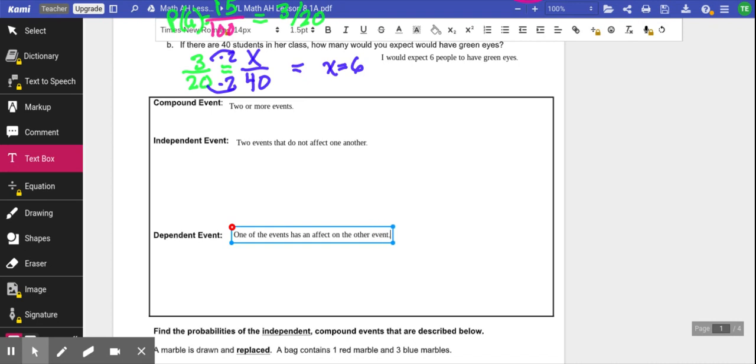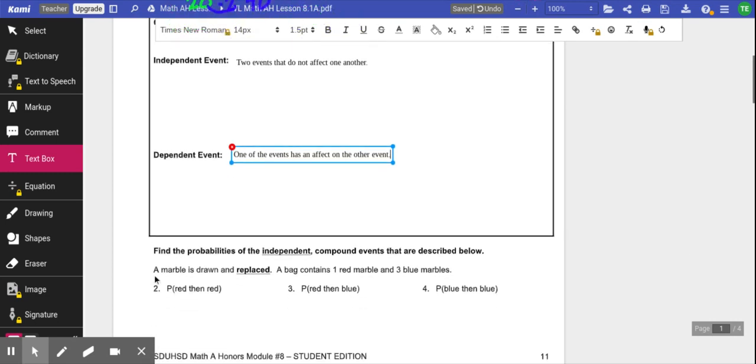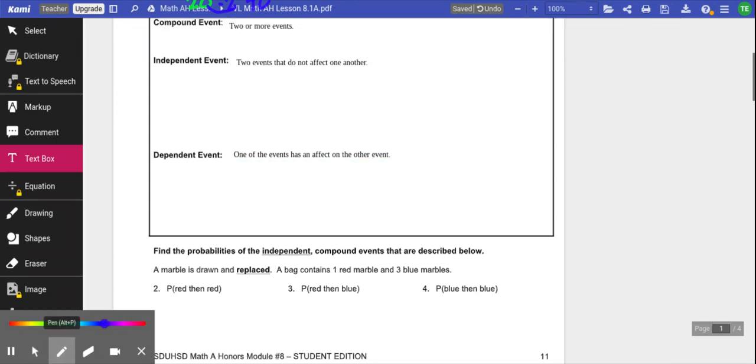Okay, and we'll be talking about these a little bit more when we go along, and we'll come back to this definition. Okay? So here, a marble is drawn and then replaced. So if I have a bag of marbles and I take one out to see what it is, but then I put it back, am I changing the bag for the second draw, or is it the same bag? So we would say, hey, that's the same bag.